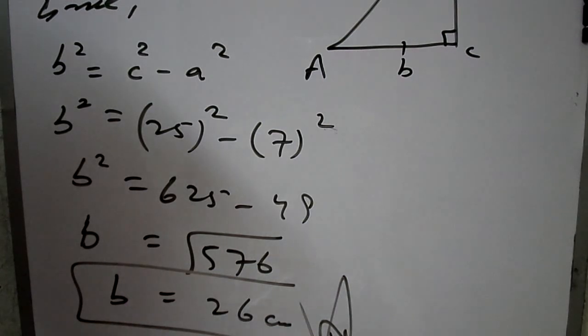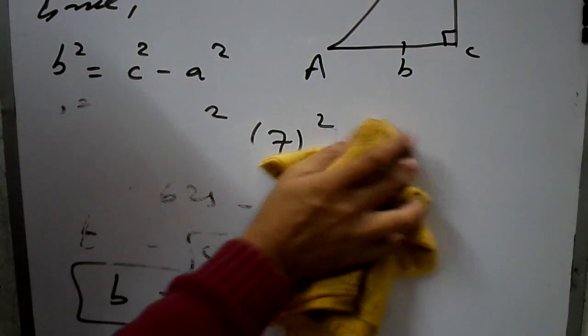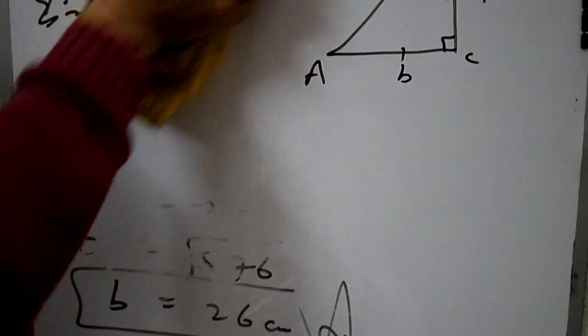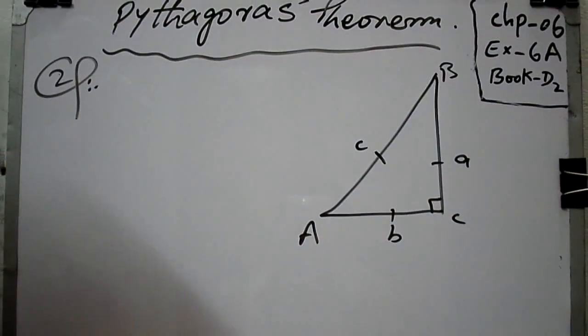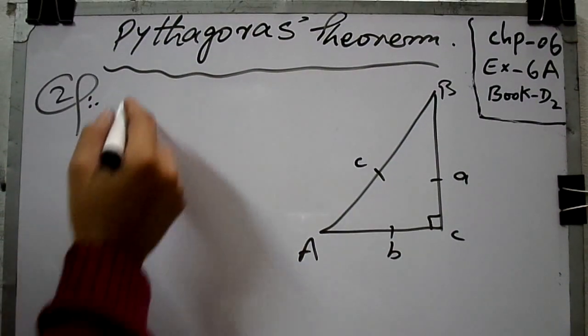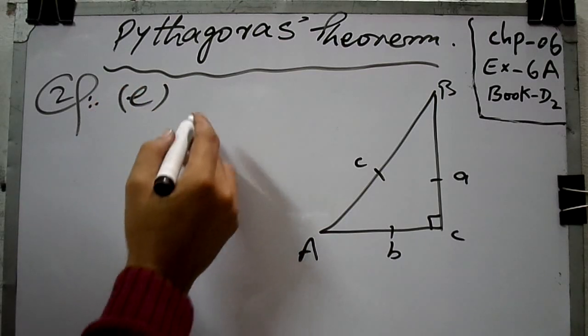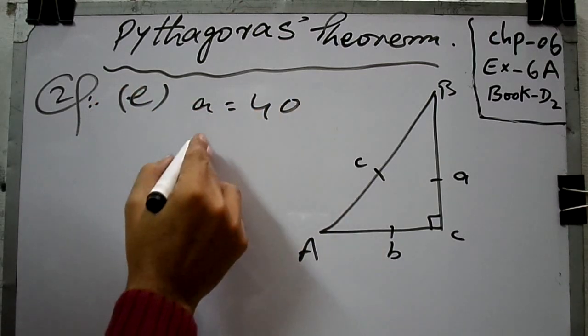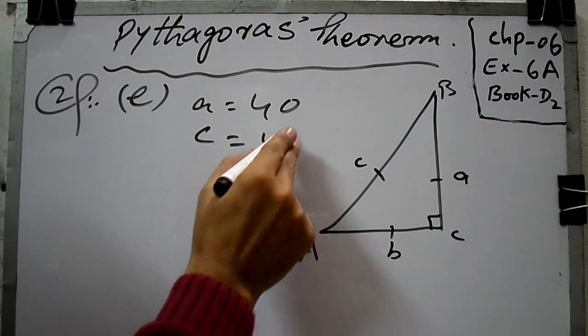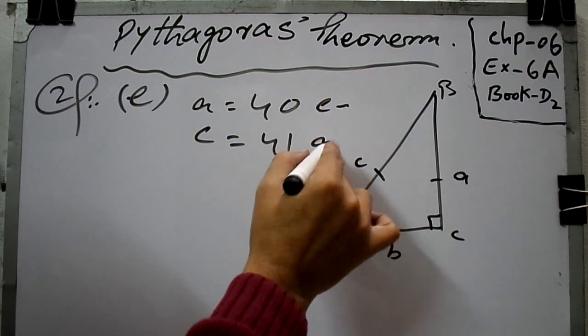Similarly, in E part, maybe I have solved twice, maybe I don't have, because I am going to solve quickly. So in E part, the value of A is 40 and the C is 41 centimeter.